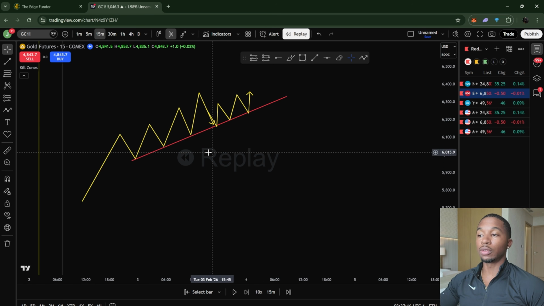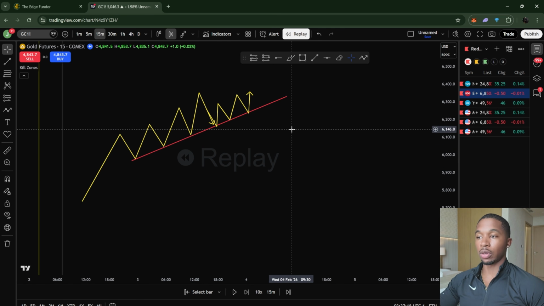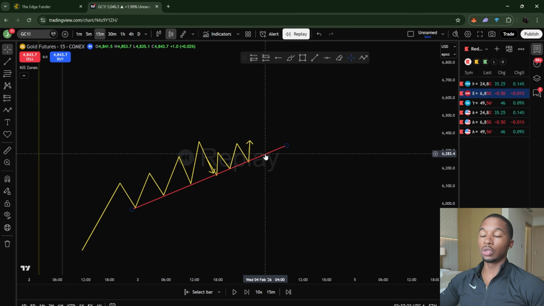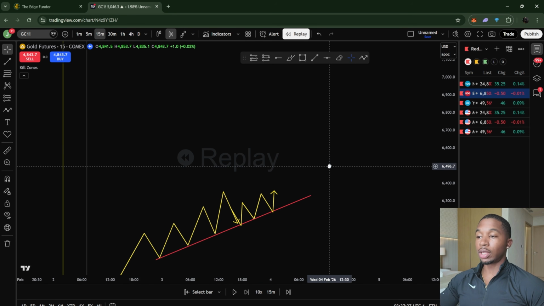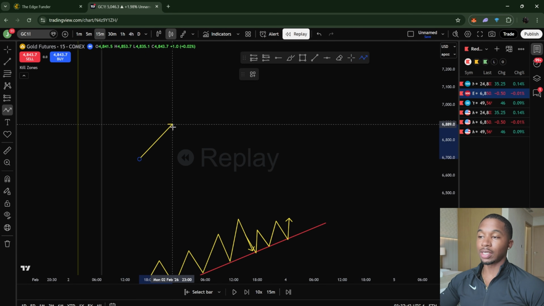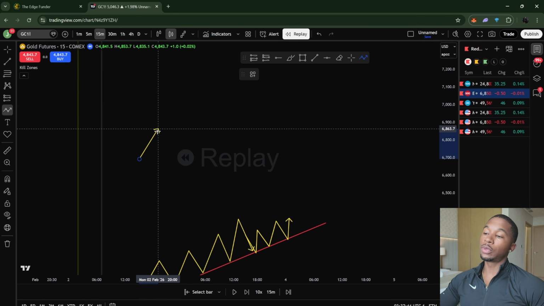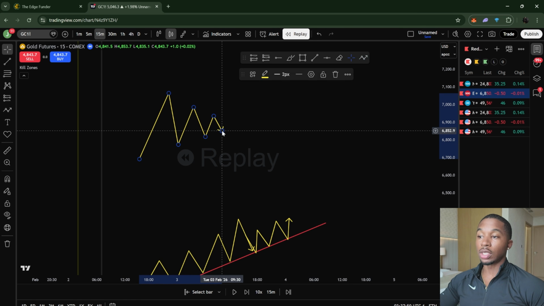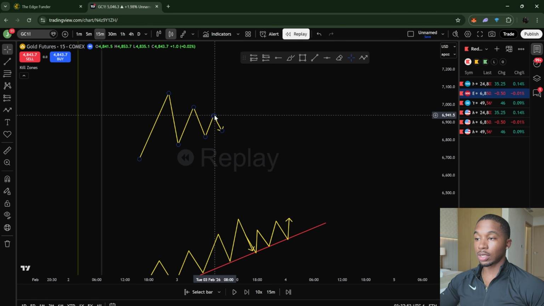Essentially, we're looking at breakouts of trend lines, but not just any type of trend lines. So we know markets always create these higher highs and these higher lows when we're in an uptrend, right? Now we know that when price is in an uptrend, price will continuously make higher highs and higher lows. But there are times when price will make lower highs as well as higher lows. And that looks something like this, where you see we're making continuous lower highs while also making continuous higher lows.